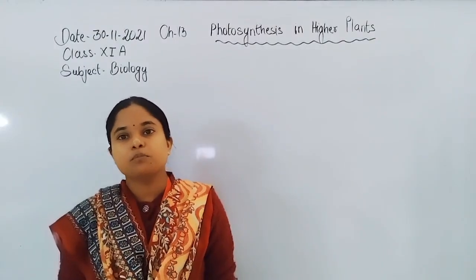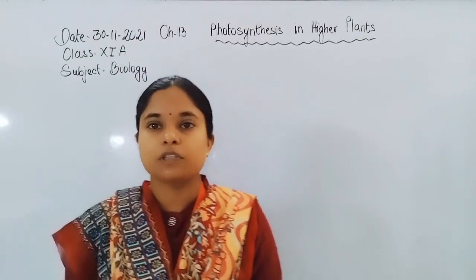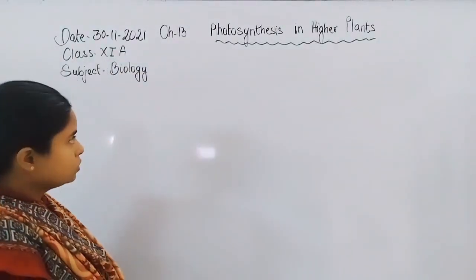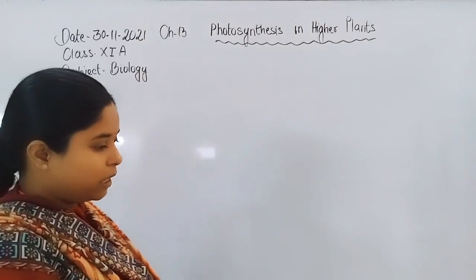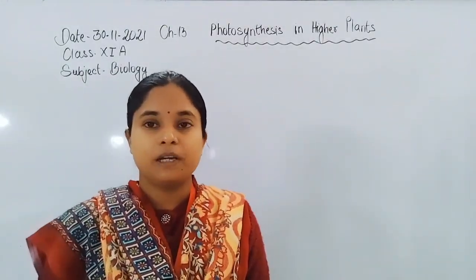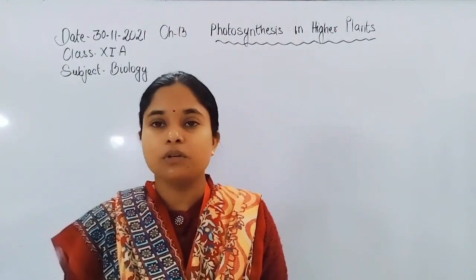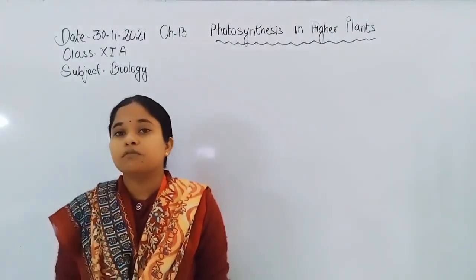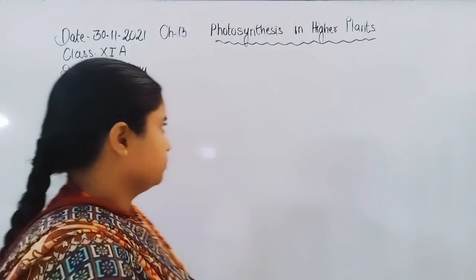In this class, I am going to start with another important topic of the chapter photosynthesis in higher plants. In the previous class, we discussed the cyclic photophosphorylation of the light reaction. In this class, we are going to discuss the non-cyclic photophosphorylation of the light reaction.